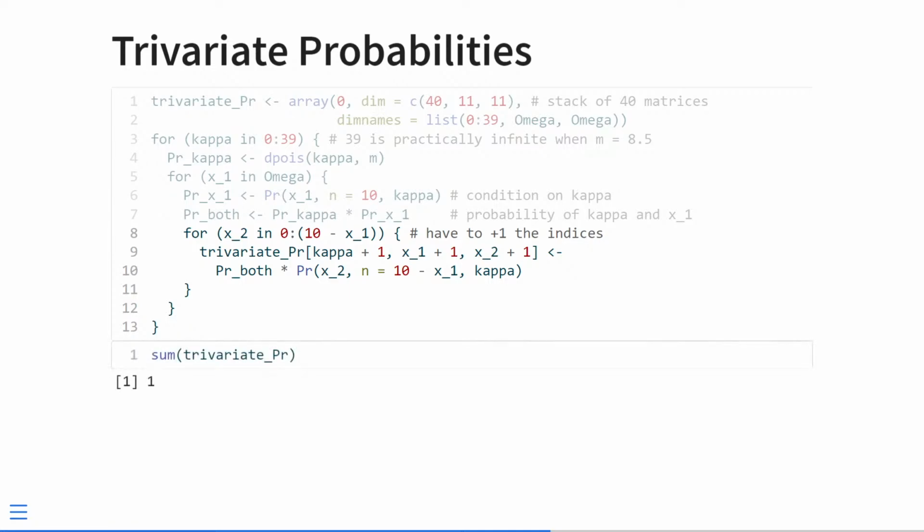Trivariate PR I made with this triple loop. I did all values of kappa, all values of x1, all values of x2. The x1 and x2 are 11 by 11 matrices, and I stack up 40 of them. So I have like a tower that's trivariate PR. And they add up to 1, because I did this right.